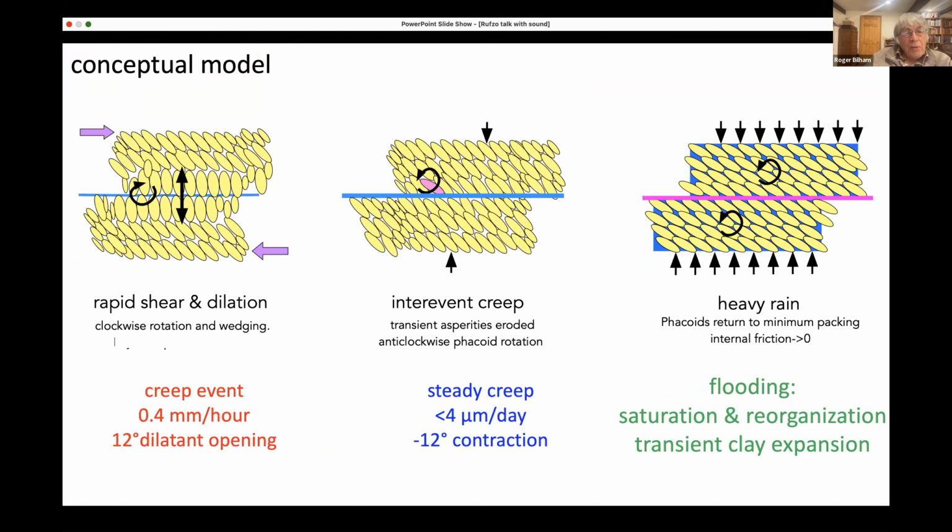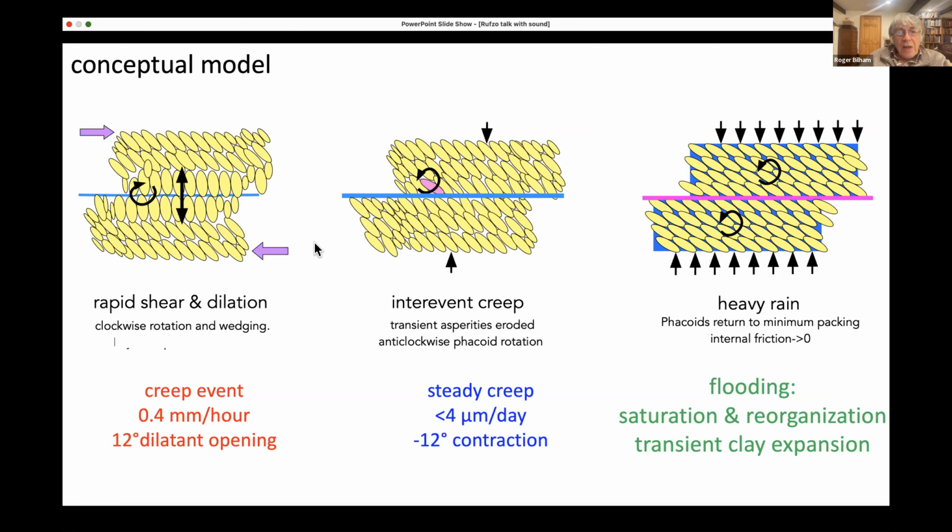So there's an alignment of clasts that are oblique to the fault zone. When you get fault slip and there's friction between these clasts, they rotate in a way that opens up the fault. So a rapid slip will produce dilation. And if you lubricate that region of dilated fault by saturating it with an atmospheric river, you collapse the fault.